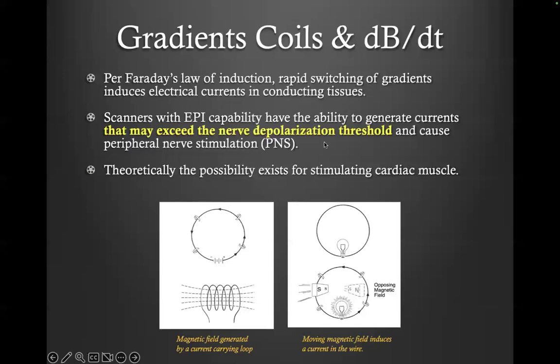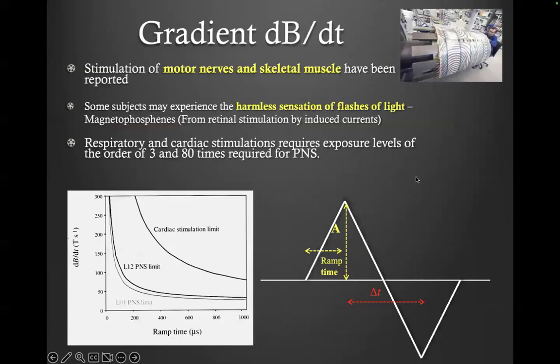And our scanners all have these EPI capabilities, and they can really generate currents that may exceed the nerve polarization threshold and cause peripheral nerve stimulation. And theoretically, the possibility exists for stimulating cardiac muscles. The stimulation of motor nerves and skeletal muscles has been reported. Your subject may report to you, oh, during this and that scan, I feel my nerve twitching.